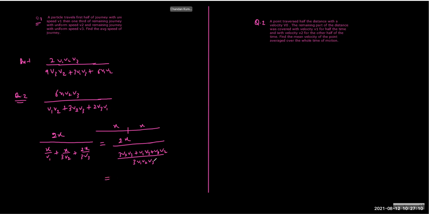So the answer is, yeah, x we consider. So the answer is 6 v1 v2 v3 upon 3 v2 v3 plus v1 v3 plus v1 v2. I am getting this answer.